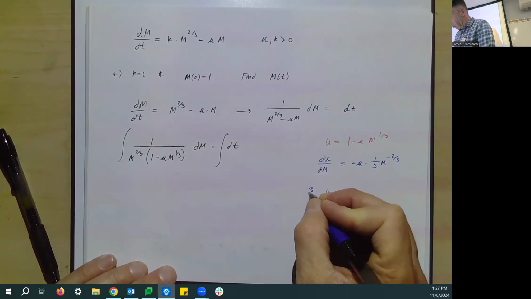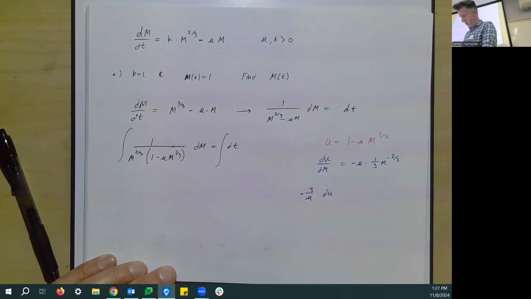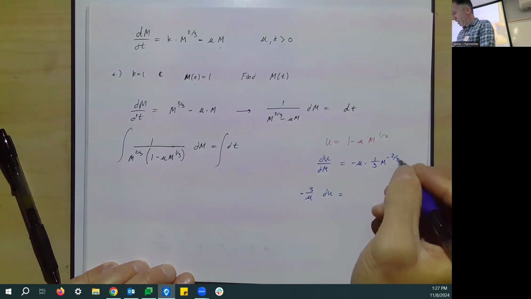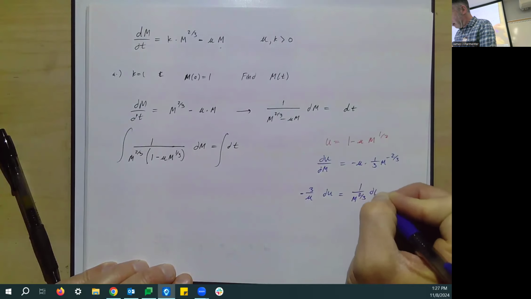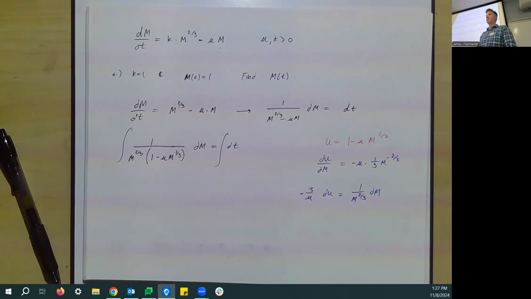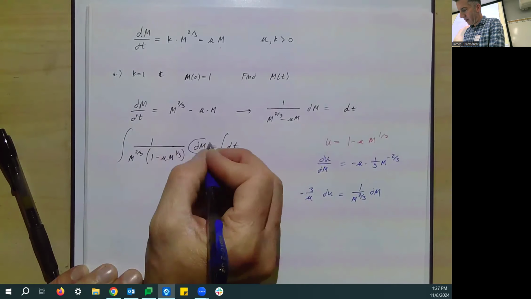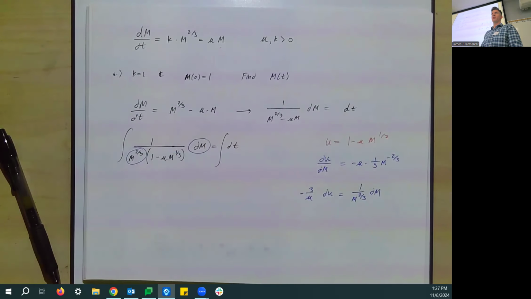So negative 3 over mu du is equal to m to the negative 2/3, which is 1 over m to the positive 2/3, dm. We're in business because we exactly have a dm divided by m to the 2/3.